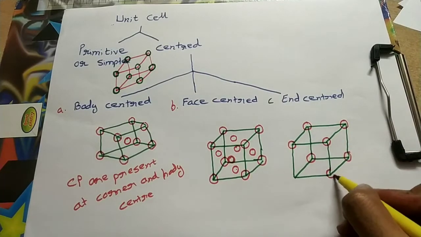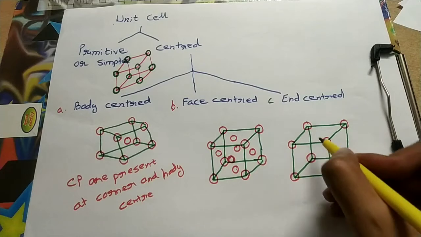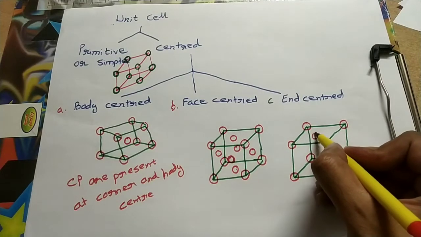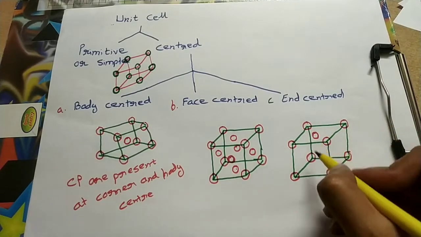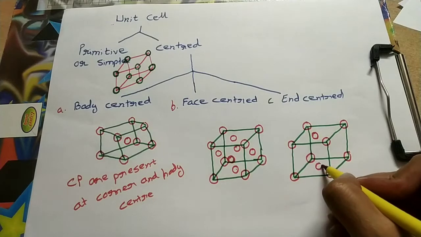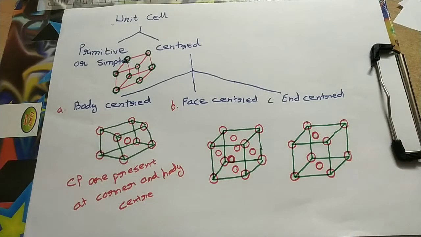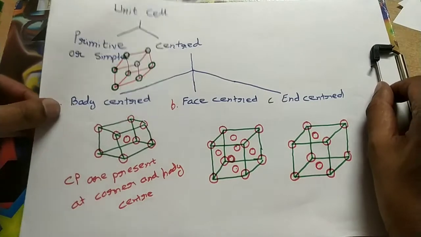Corners as it is, do them as we did before. Considering one particle is present at the center of the top face, the next particle will be present at the center of the bottom face. Any two opposite faces. This is about where the constituent particles are present in various types of unit cell.